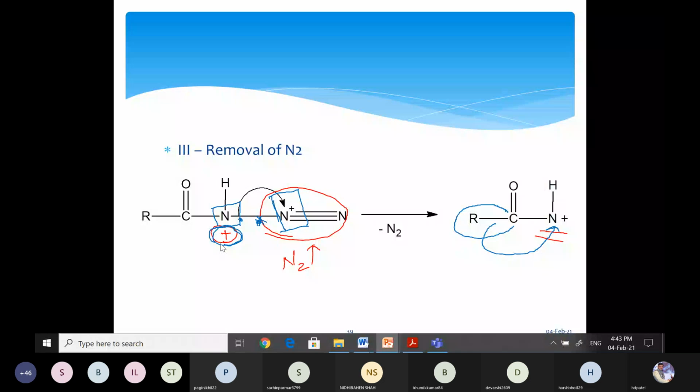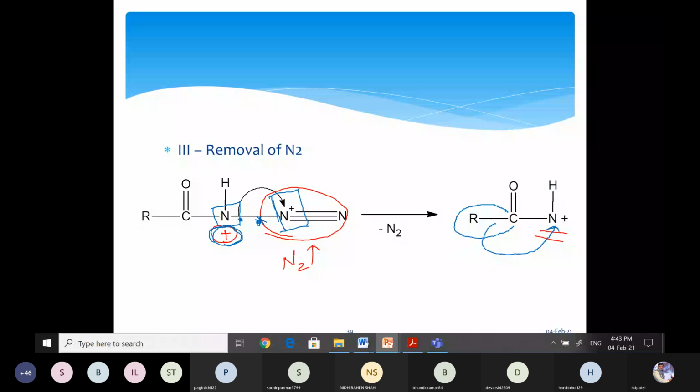When this nitrogen becomes positive, then migration will take place, that we will discuss in the next slide. But how the positive charge, that is the electron deficient nitrogen, is formed, that I have explained over here.